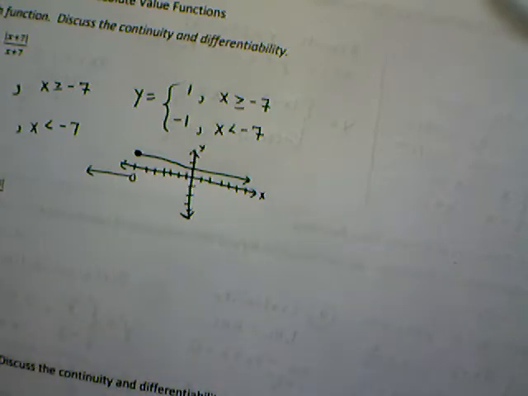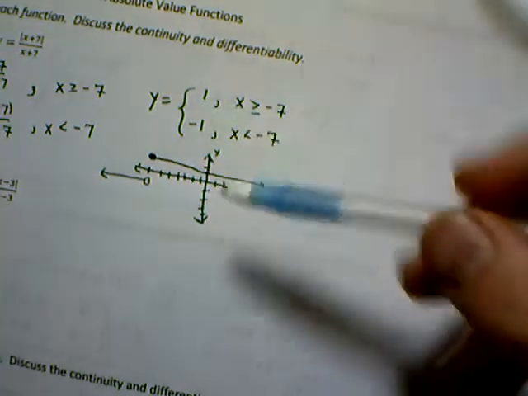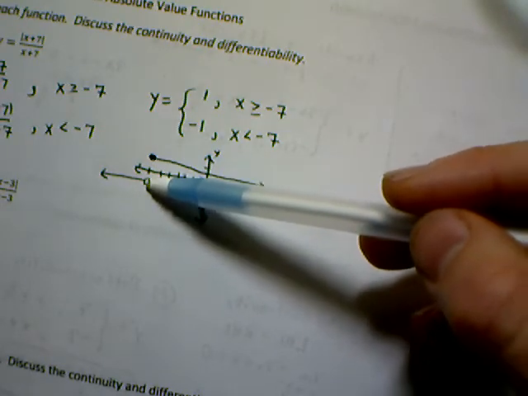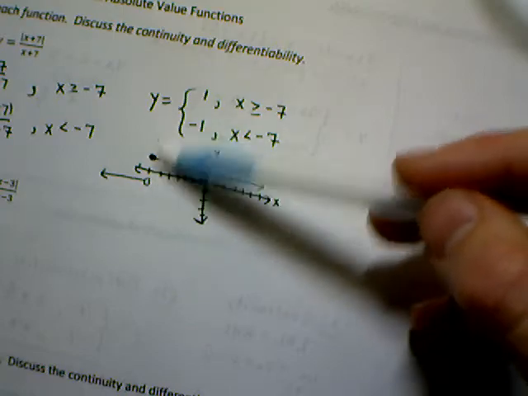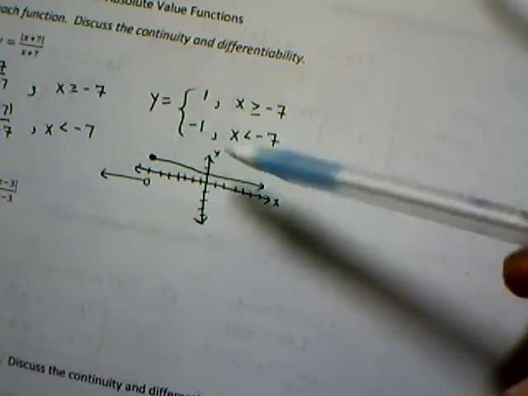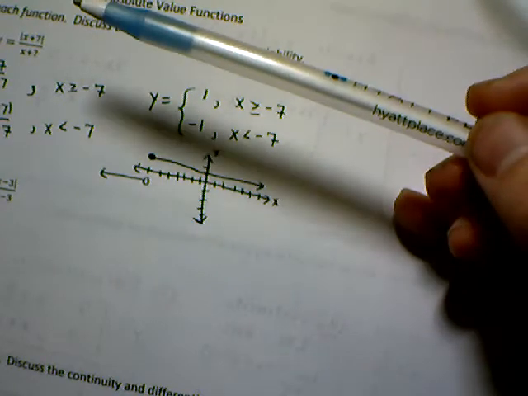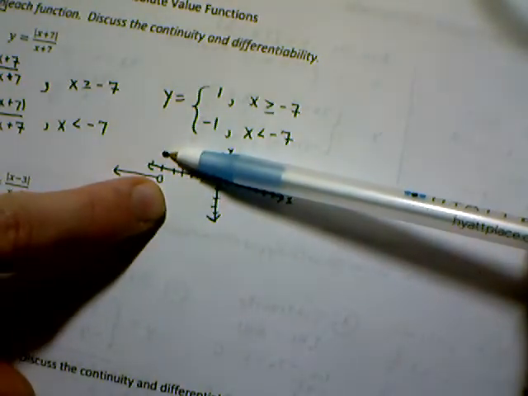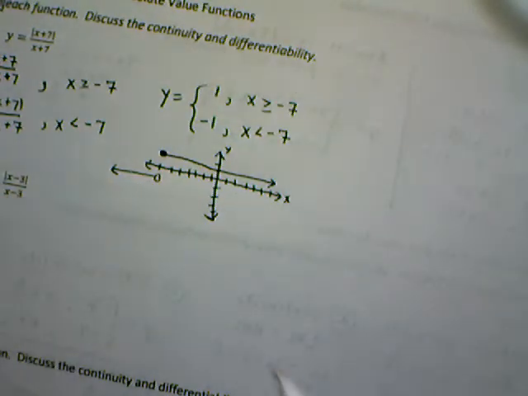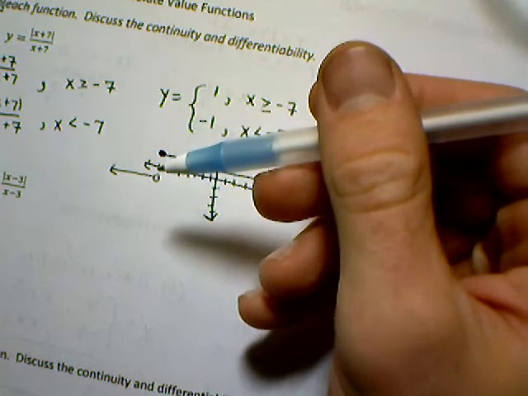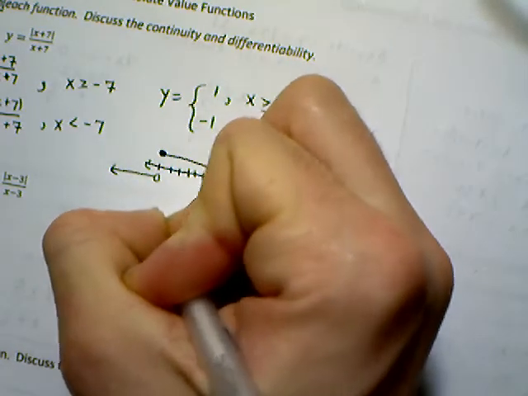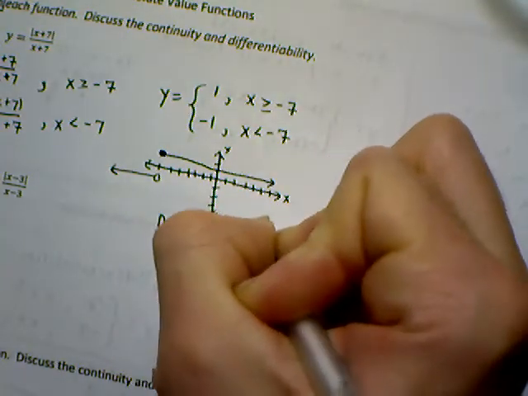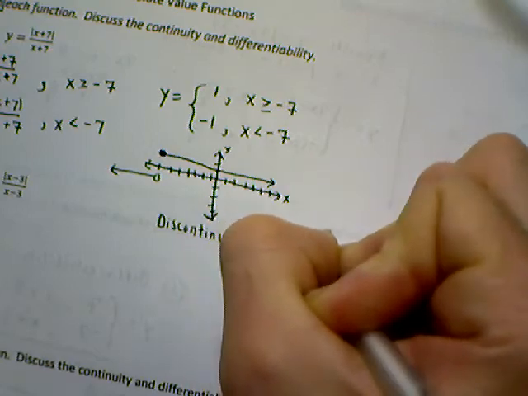Now when I look at my graph, I can see that we have a jump discontinuity at -7. Our graph is discontinuous at -7 because the right-hand limit differs from the left-hand limit. The limit doesn't exist at -7. So I know it's discontinuous at x equals -7.